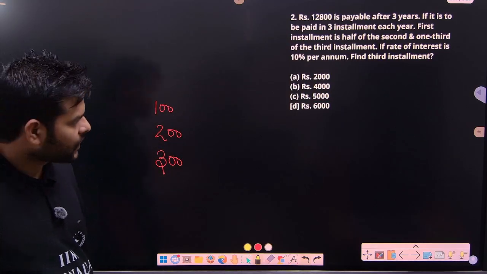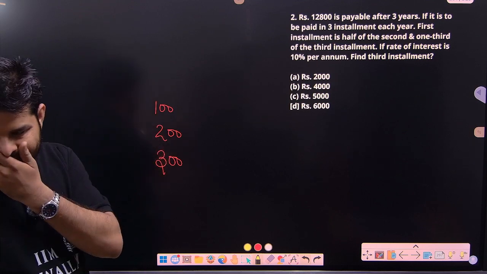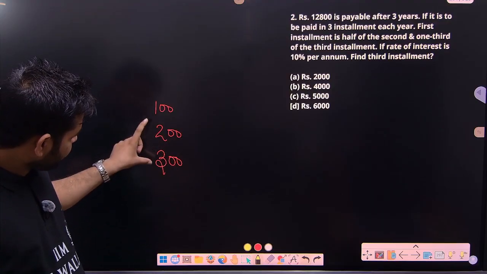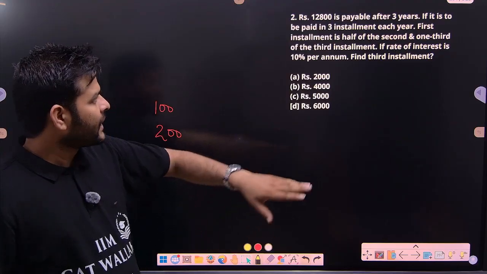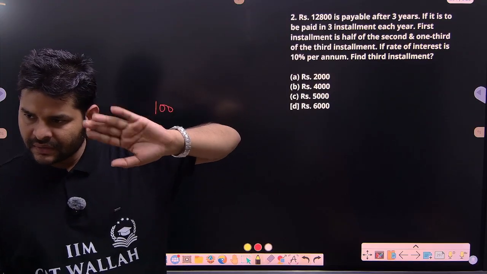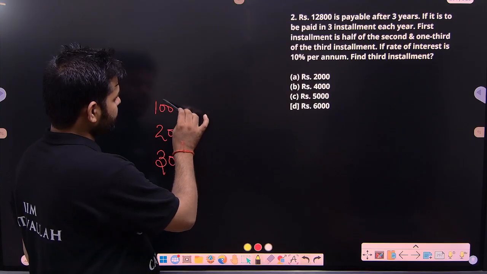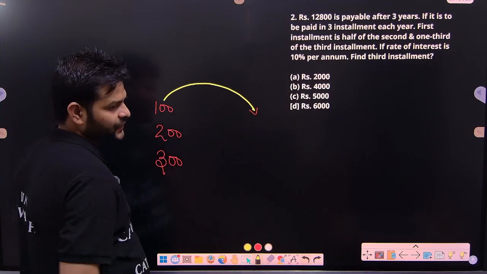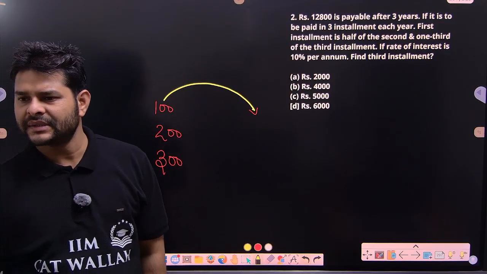Got it? Okay. First I pay 100 units, 200 units and 300 units. In these 600 units, I pay just 12,800. On this first installment, he will get the rate of interest.